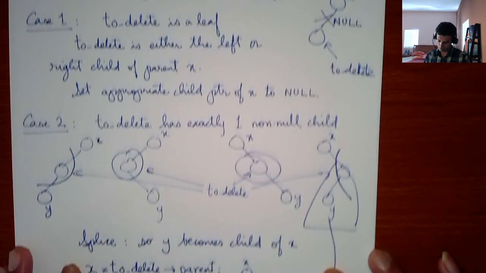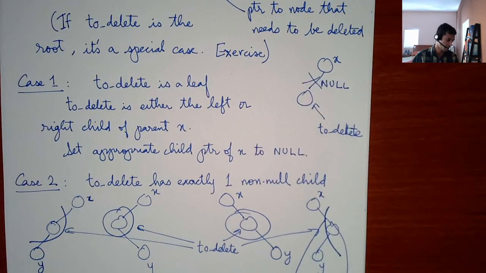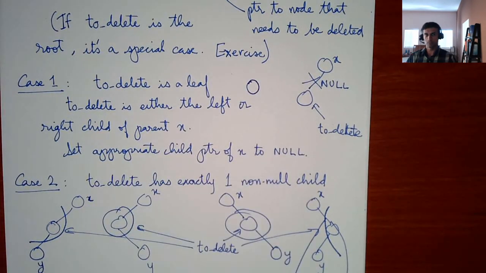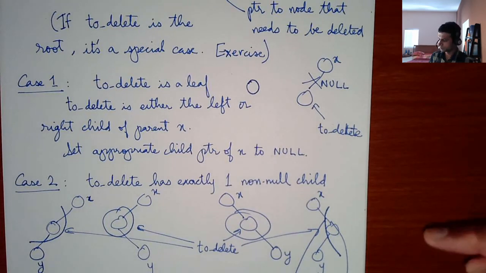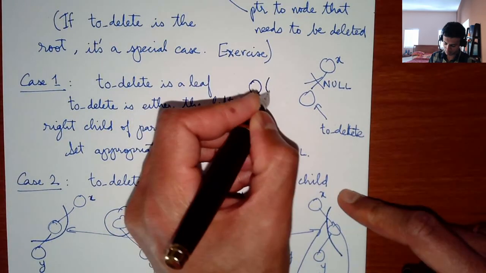First question, what is the running time in this case? What is the running time? To delete the leaf, if you have a pointer to the leaf. Just in this case. It's O of 1, right?